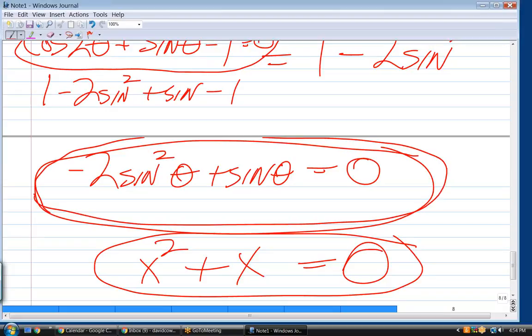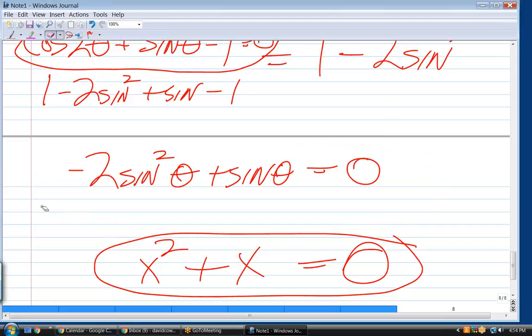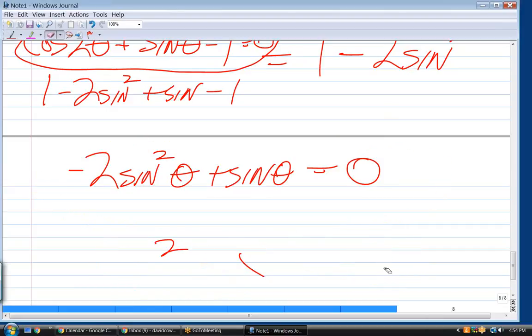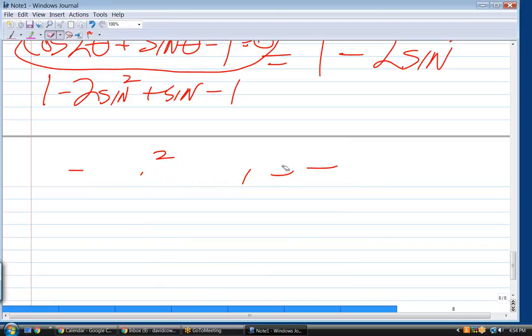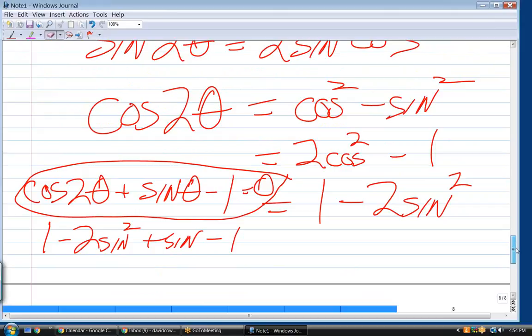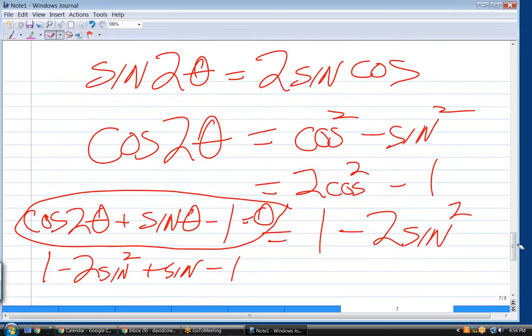And you solve it exactly the way you would solve any quadratic, by factoring. So that's what determines which identity you pick. If I go back to my original equation and I substitute, let's make that cosine theta instead of sine theta, now I'm going to choose the identity, which one?